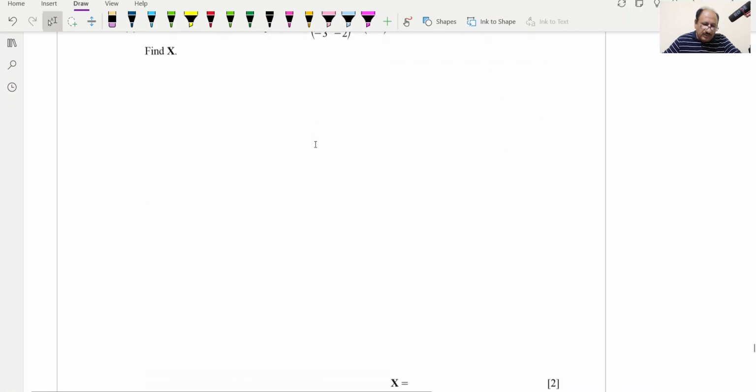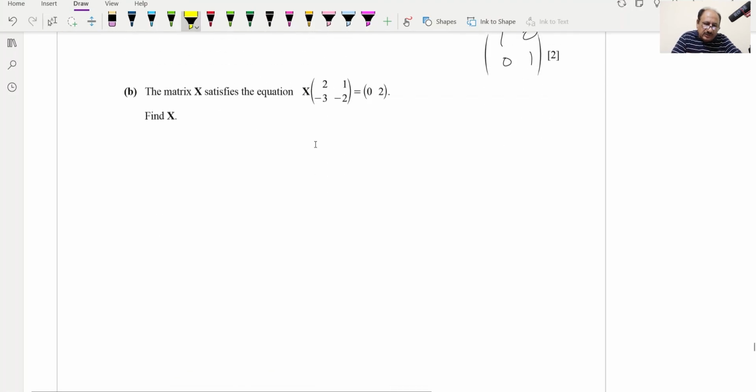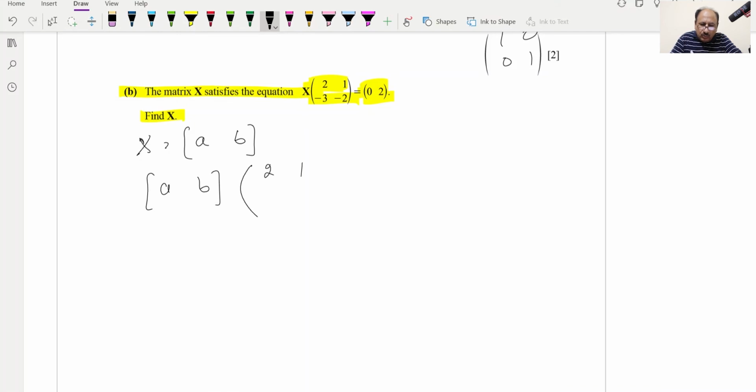So next is B part, which is saying the matrix X satisfies the equation: X when multiplied by this matrix is equal to 0 2. Find X. So we can consider X is equal to A and B, and now we will multiply X with the given matrix, so we can write A, B, and this will be 2, 1, minus 3 and minus 2.